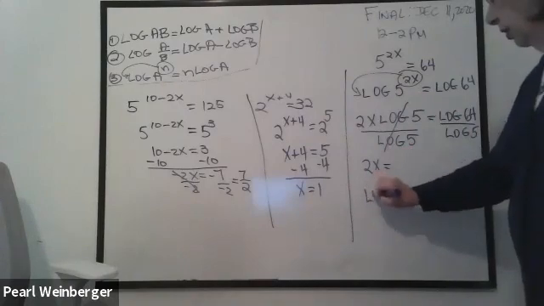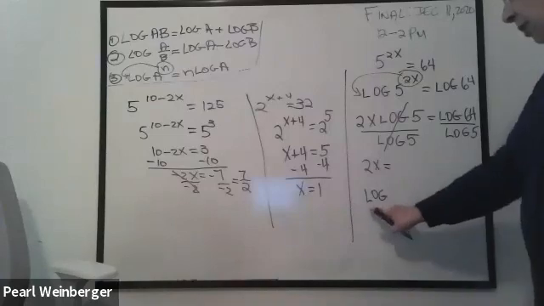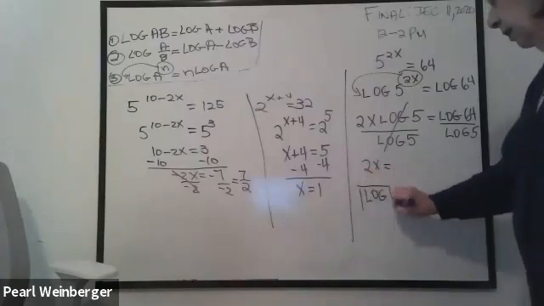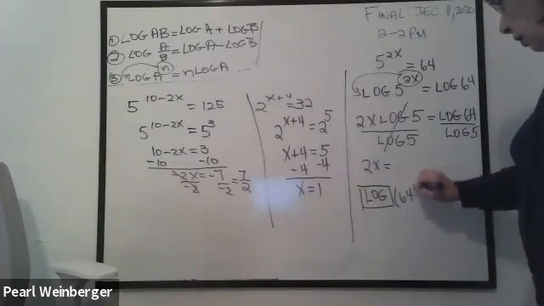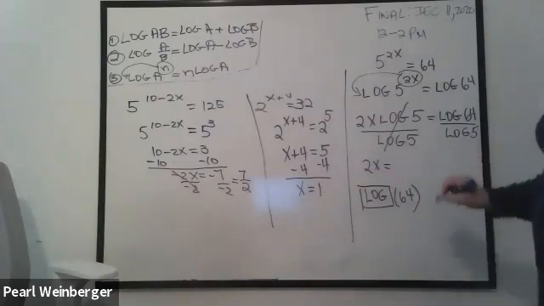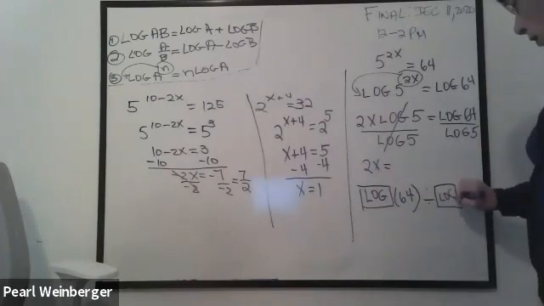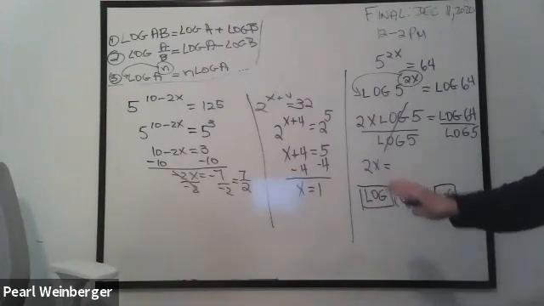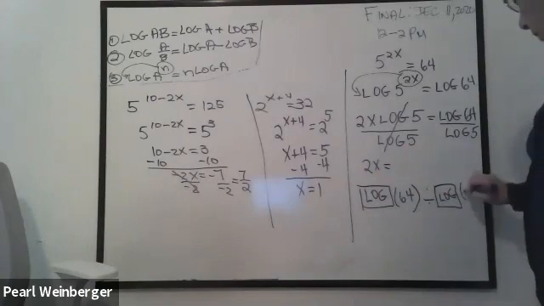So here we are, log 64. This is what I'm going to do on my calculator. I'm going to press my log button, and I'm going to put in the 64, close the parentheses, press divide, and press my log button again, because I know my log button on my calculator is common logs. It's base 10. Then I'm going to put in the 5.